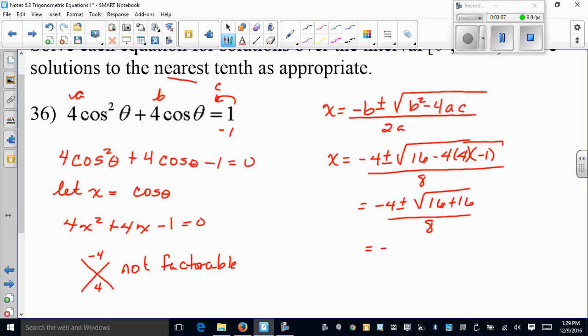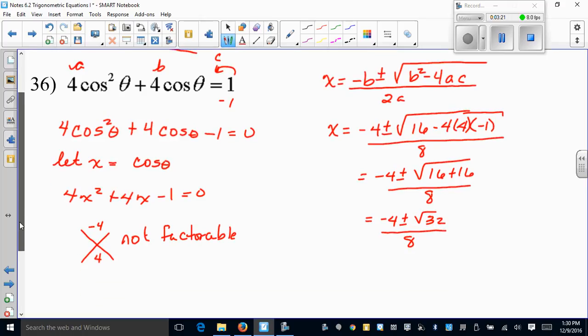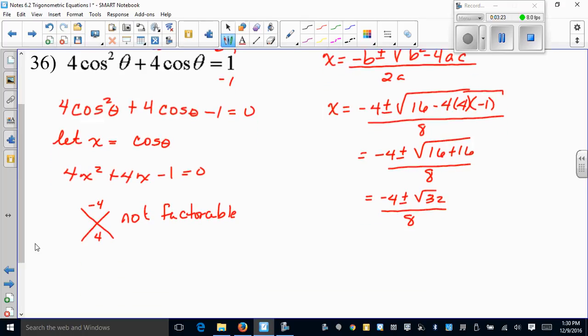So we get -4 plus or minus the square root of 32 all over 8. Now we're really not looking for this number. What we're looking for is the angles that this is going to give us. If you don't reduce, that's fine, but you will make fewer mistakes if you just leave this alone.